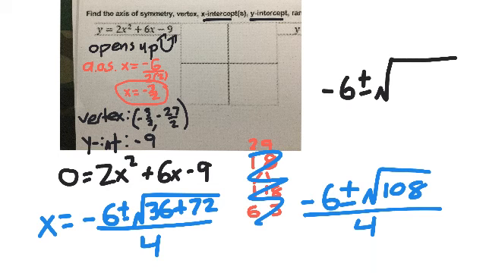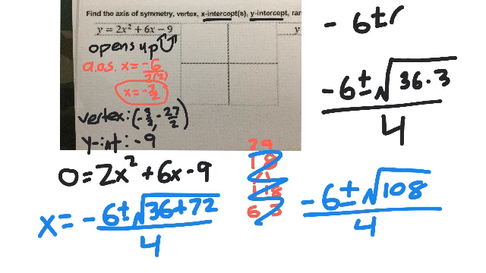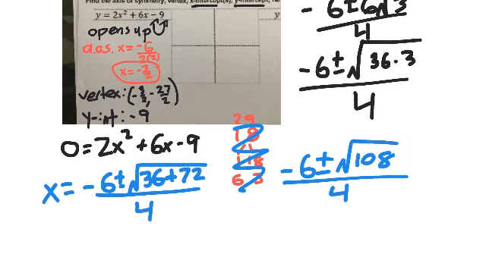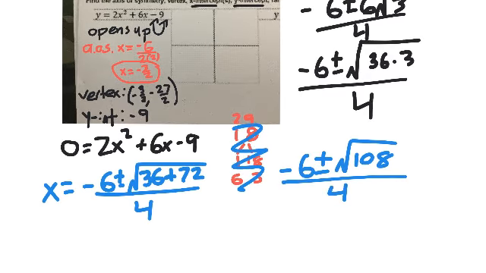Okay, so 16 doesn't work. 25, 36, 36, 72. Yeah, so that's going to be 36 times 3. So that's negative 6 plus or minus 6 radical 3 over 4, which is negative 3 plus or minus 3 radical 3 over 2.